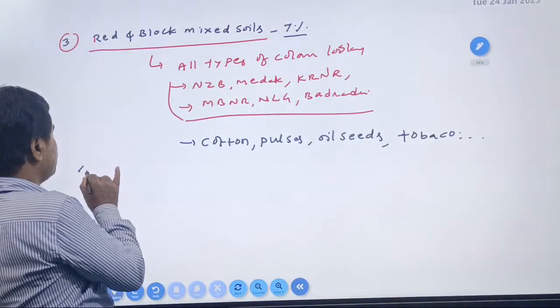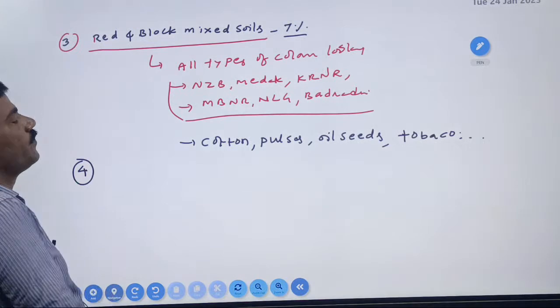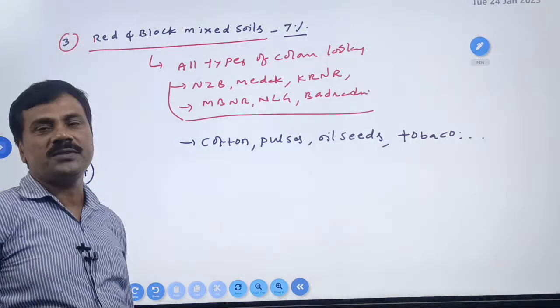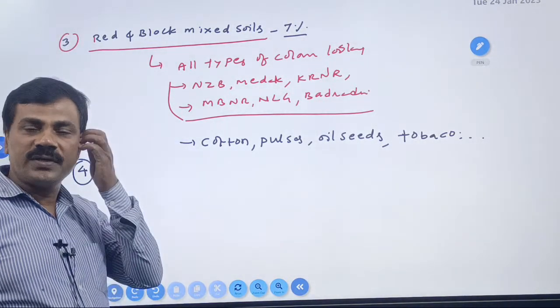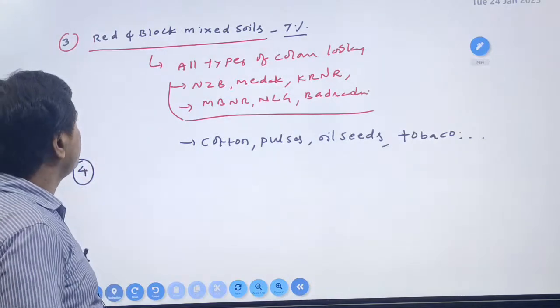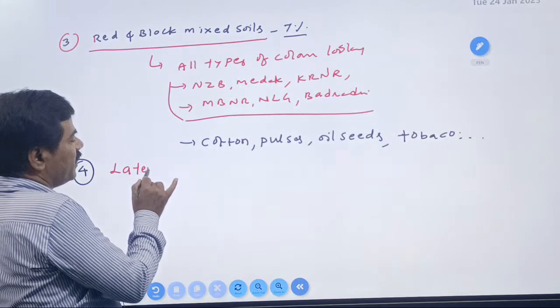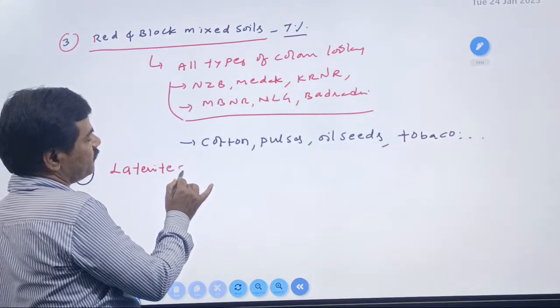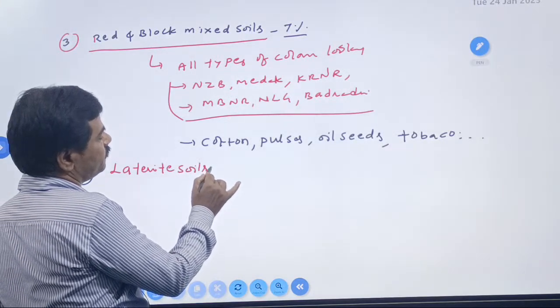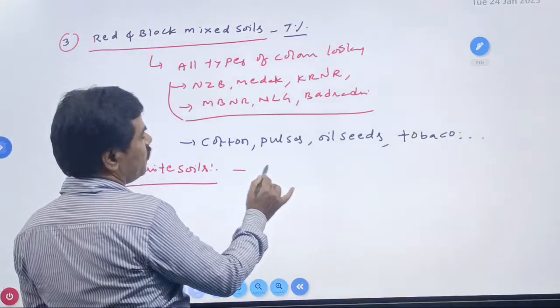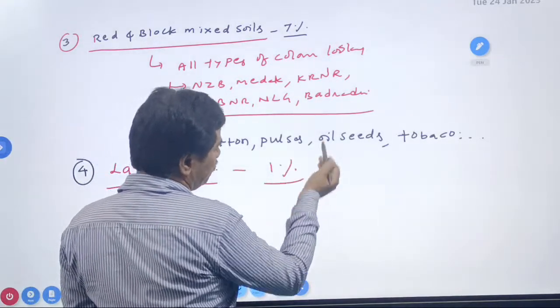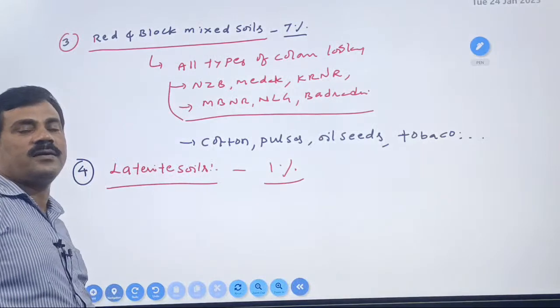The fourth one is called laterite soil, which occupies nearly 1% of the total Telangana soil.